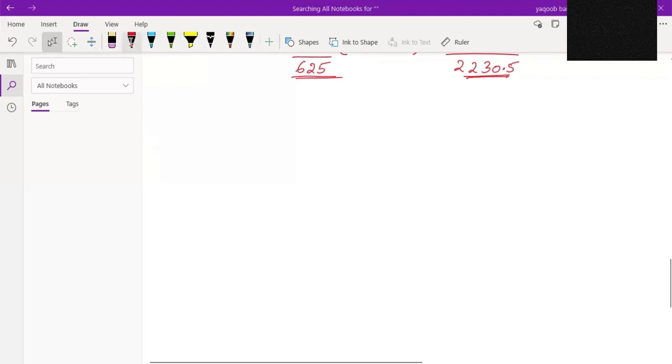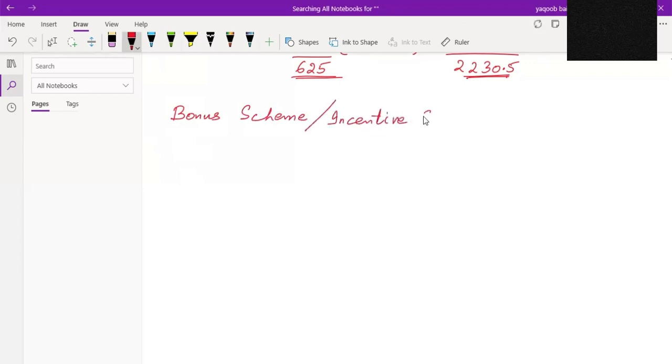Okay. Next is to determine bonus schemes. What are the bonus schemes? Bonus schemes or incentive schemes are the ones which are introduced by an organization with the intention to motivate their workforce so that they will be able to contribute towards the success of the organization.